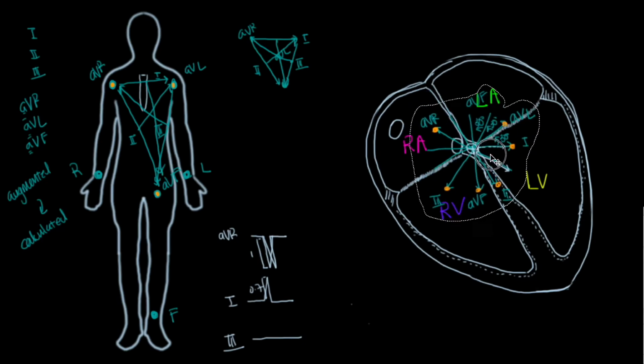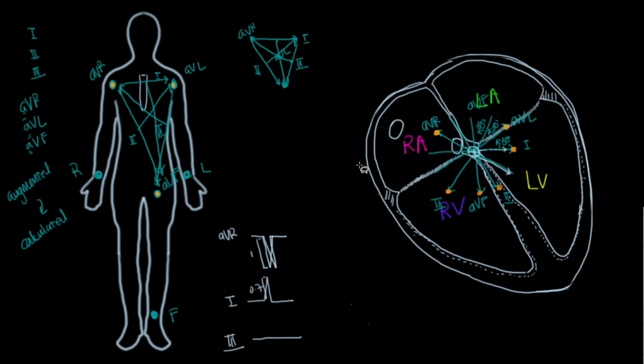So if we need to see how a charge may move from the SA node down to the AV node, we can conveniently move this whole apparatus right over this charge here to characterize where it goes. Similarly, if you had a charge over here, we can move this whole apparatus right over this charge to see what the ECG shows right over here.